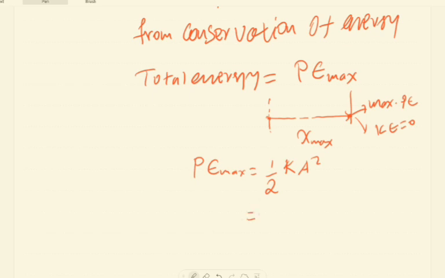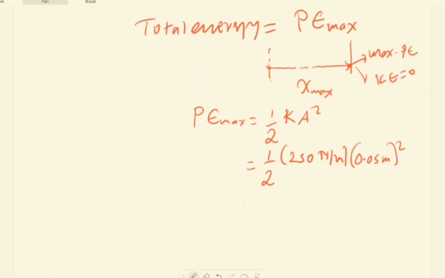So with simple substitution, this would be half of, with the spring constant from the previous results, 250 Newton per meter times the amplitude, which is of course 0.05 meter or 5 centimeter, squared.